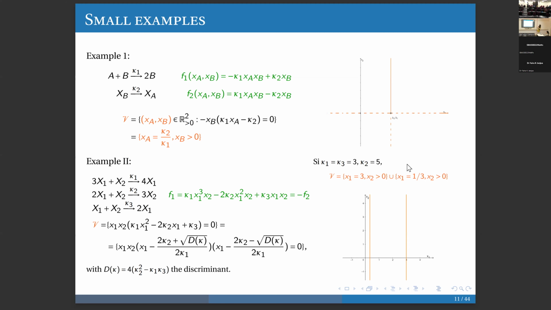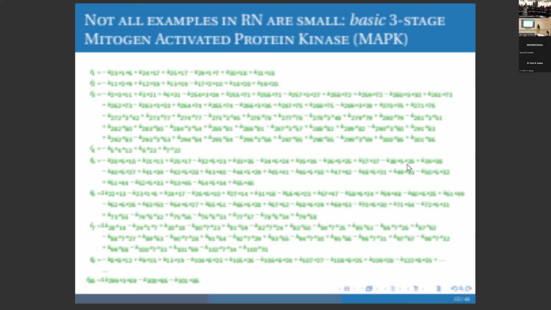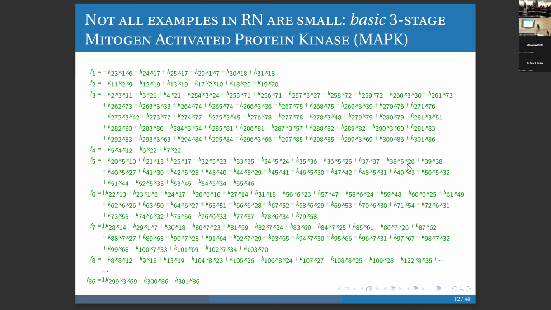So here it's a bit more complicated to see. But of course, we cannot always inspect by eye because not all reaction networks are small. This is a real example taken from a database called ODE base, where people upload their networks with all the data.